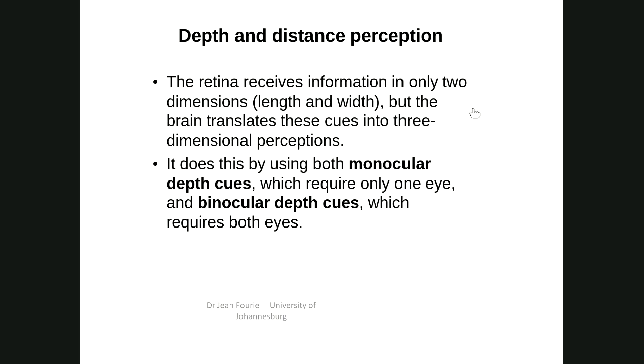So in order to do this, we use both clues about the things around that object, and those are monocular, mono meaning one. So if you had to close one eye and look at the world through the other eye, that eye is determining how big or small or far away things are, or the depth that you're looking at things, through the clues that it gets.